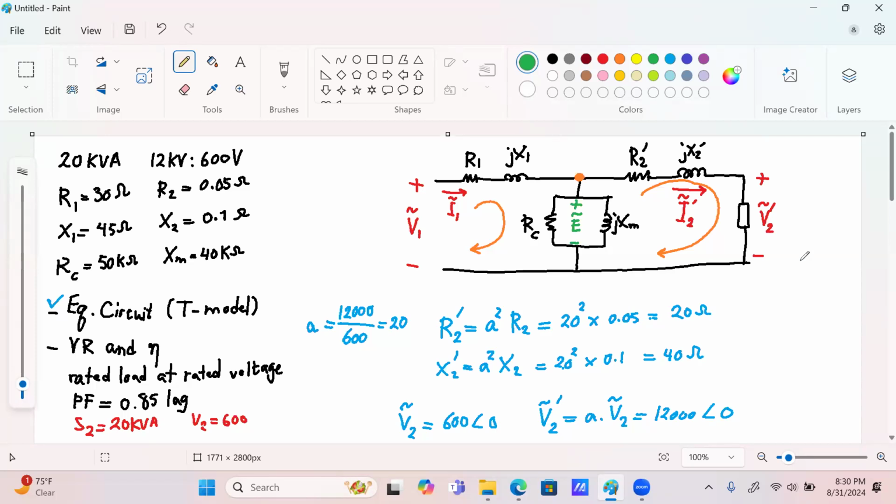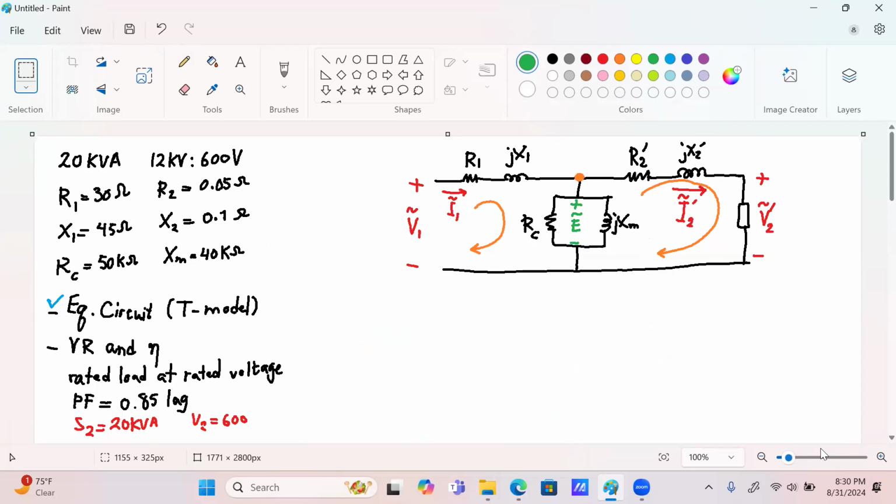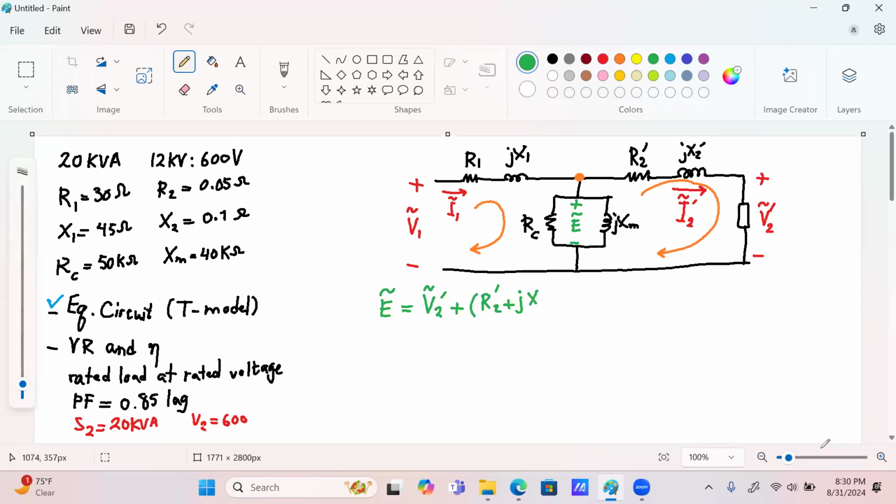So let's focus first on the loop on the right. And let me perhaps clear this area a little to give myself a little bit more room. Let's do the KVL. So here I have E equals V2 prime tilde plus R2 prime plus j X2 prime times I2 prime.